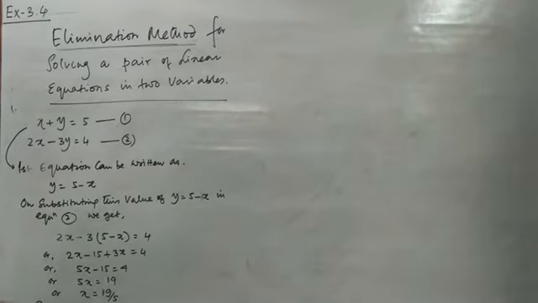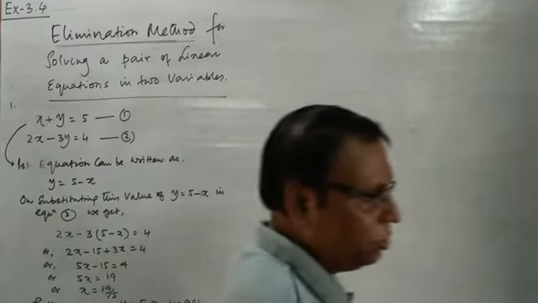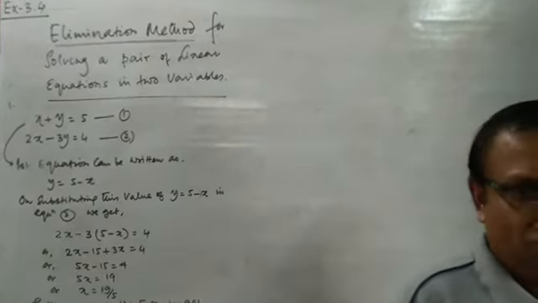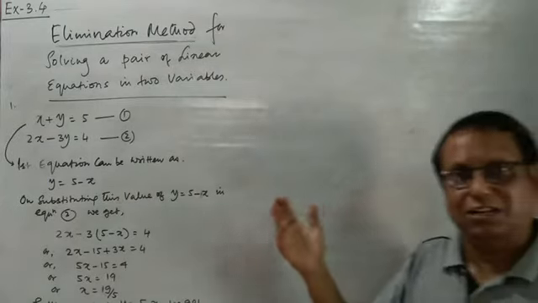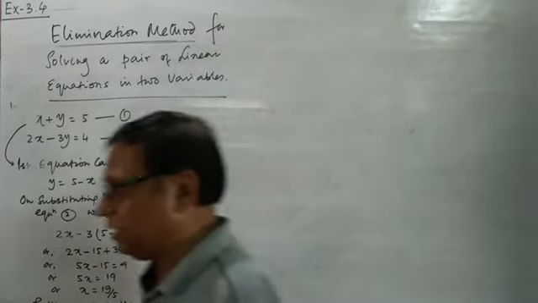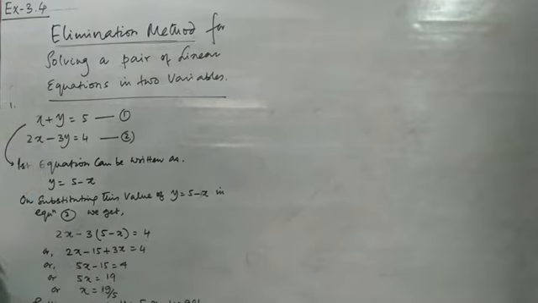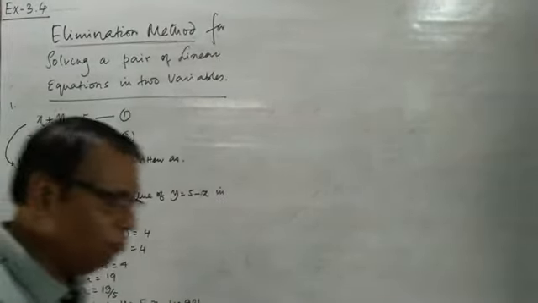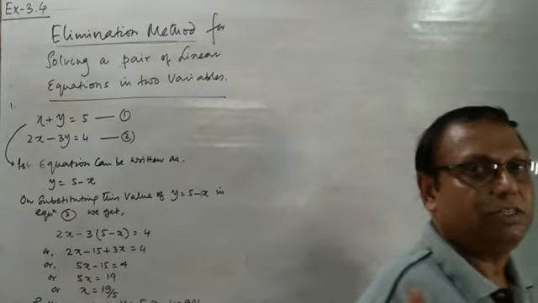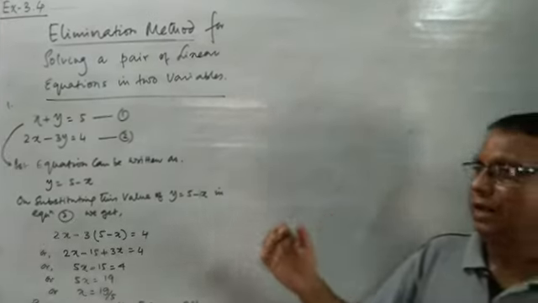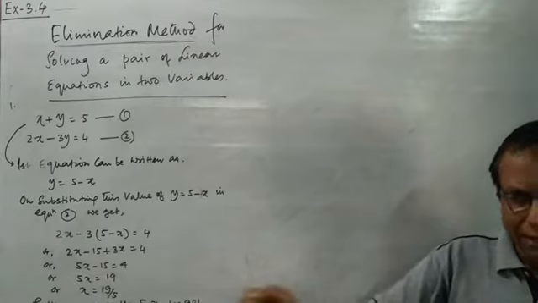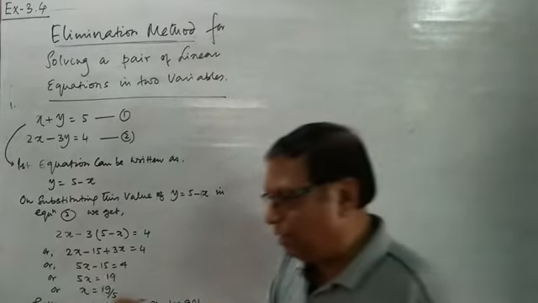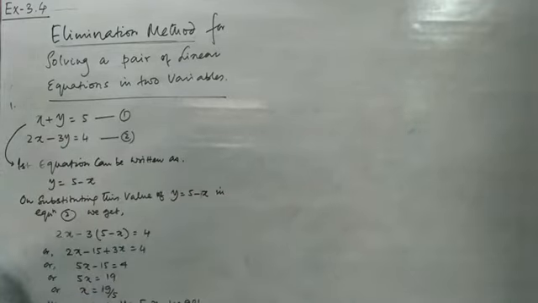In my last class, I explained what the substitution method is. I told you, in case of the substitution method, we will express either x in terms of y from one equation or y in terms of x, and we will substitute that very value of x or y in the second equation, and then it will be converted into a linear equation in one variable.